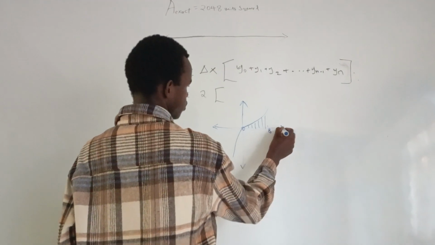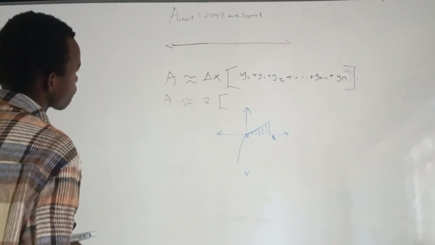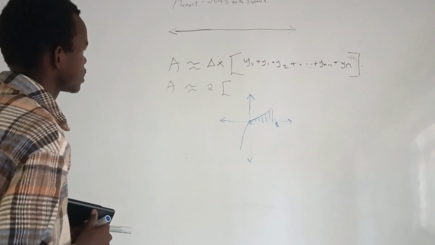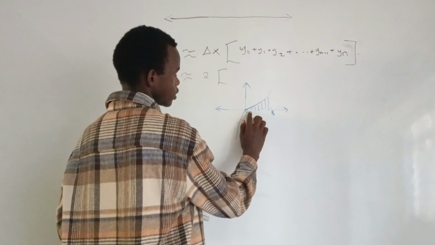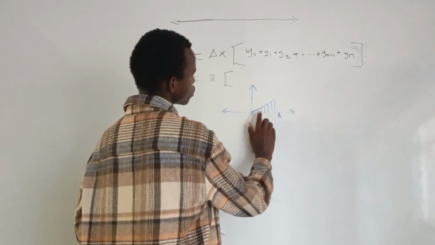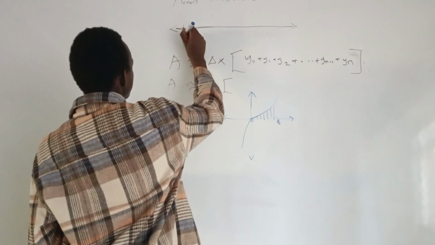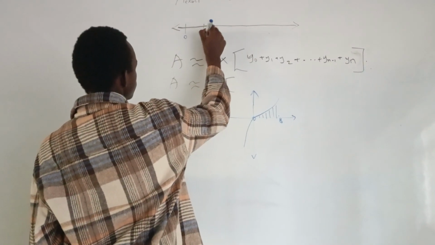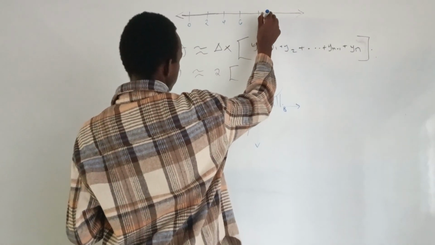Our delta x is just the interval of the first rectangle that we'll be creating. The intervals will be from 0 to 2, 2 to 4, 4 to 6, 6 to 8.